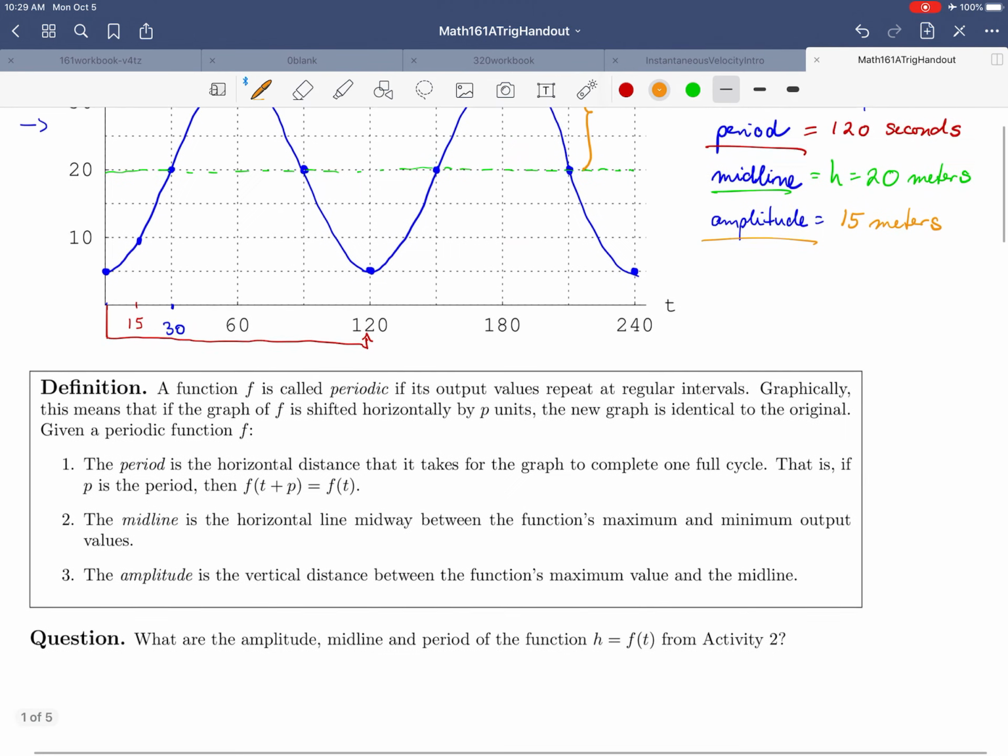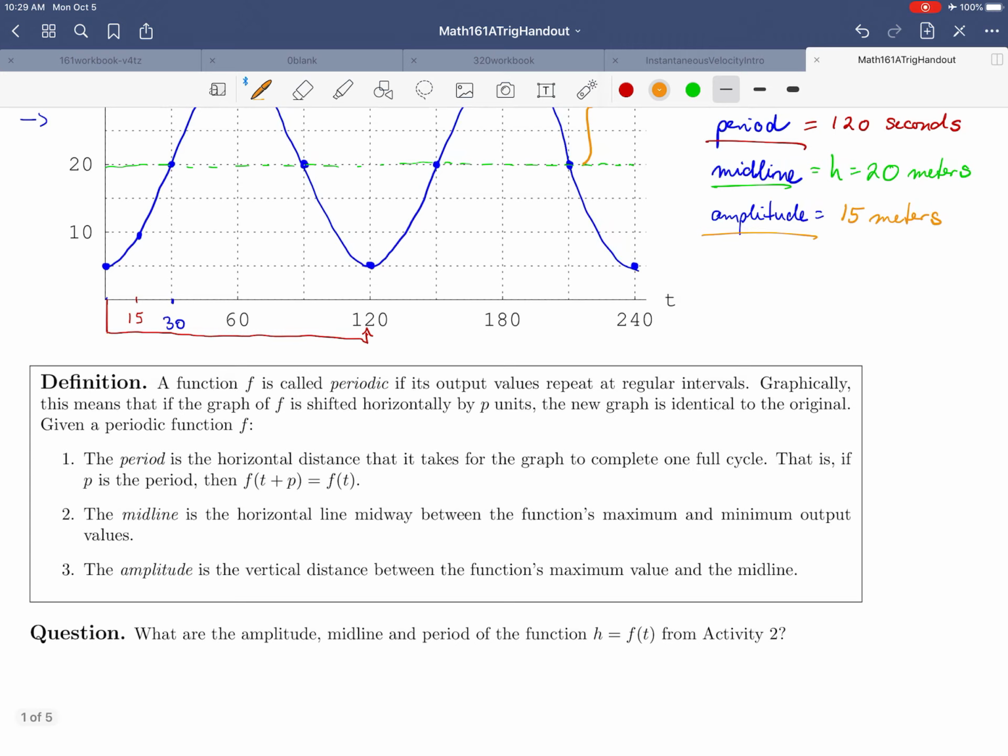You can see the definitions of these terms in the box below the graph. So a function is called periodic if its output values repeat at regular intervals. Graphically, this means that if the graph of f shifts horizontally by p units, the new graph is identical to the original. Given a periodic function f, the period is the horizontal distance that it takes for a graph to complete one full cycle.